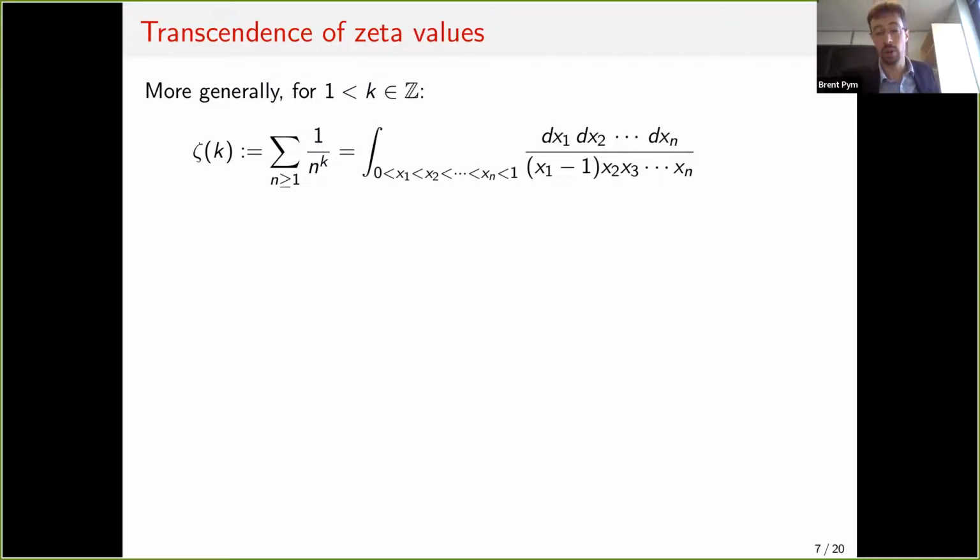This one also has an expression in terms of integrals, very similar to what we did before. Now there are just more variables, but it's basically the same procedure. You do this as an iterated integral, and at every step you examine the power series and integrate term by term, and you'll convince yourself that the answer is this particular series here.